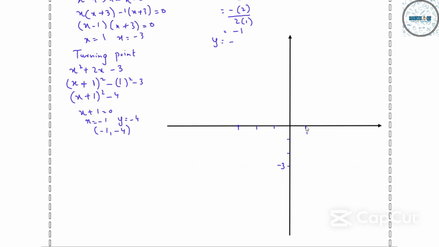So these are the two x-intercepts. Then minus 1 comma minus 4. Here we have minus 4 and here we have minus 1. So minus 1 comma minus 4, there is a turning point. Now we can sketch the curve considering all these points.